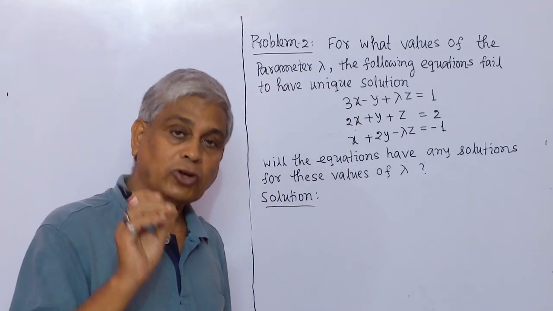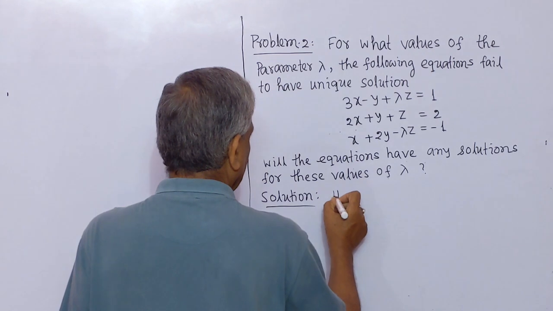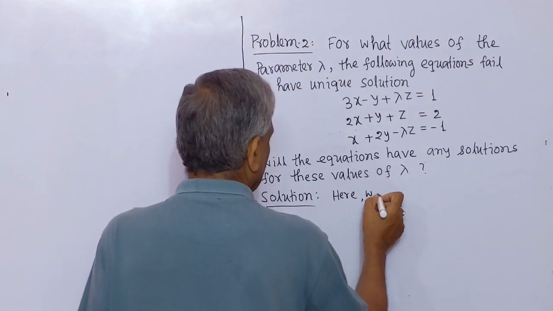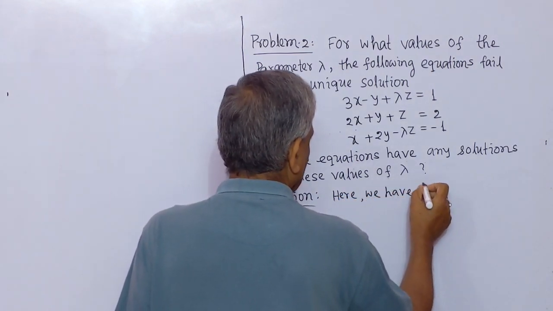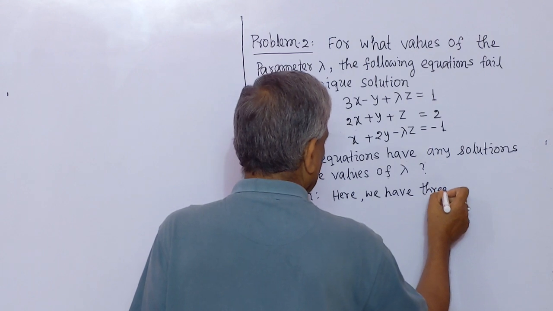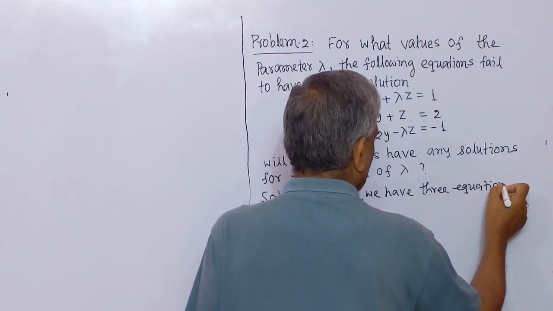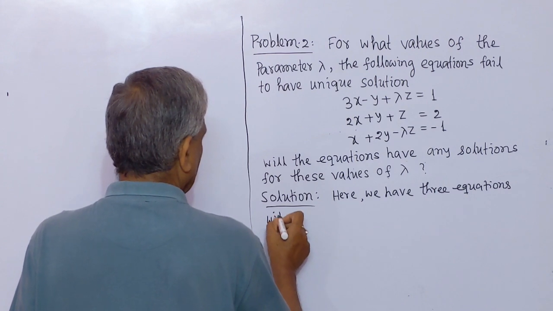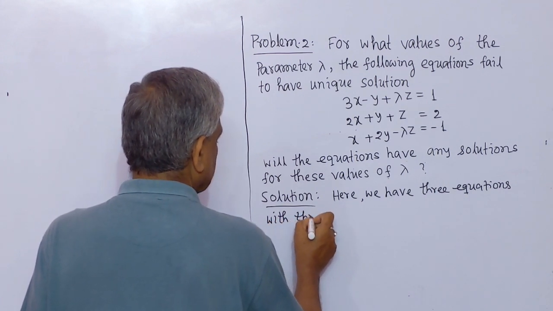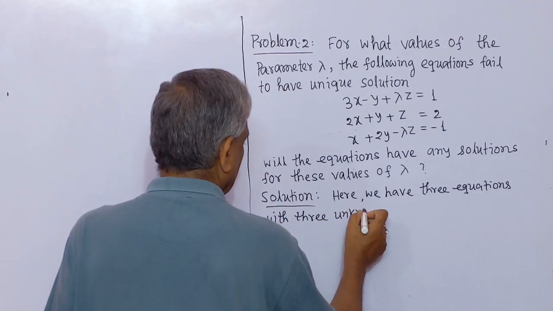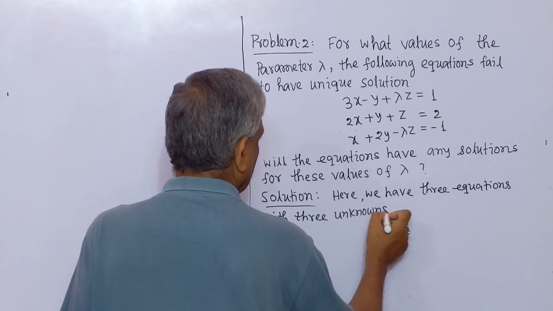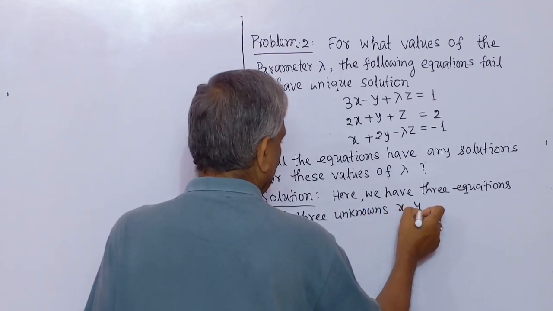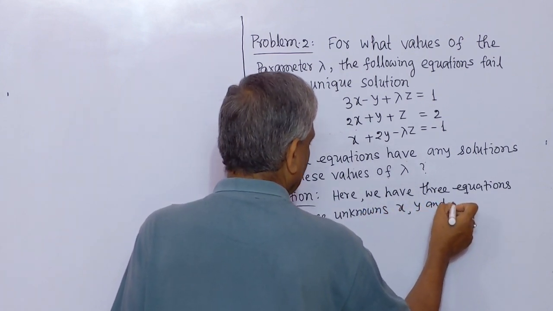Now we solve this. Here we have three equations with three unknowns x, y and z.